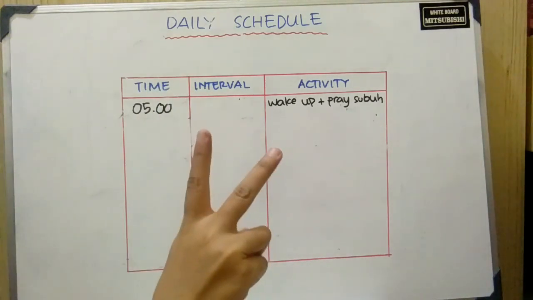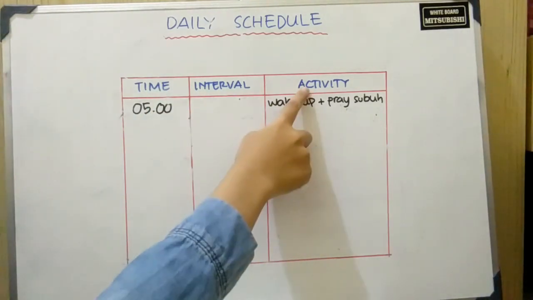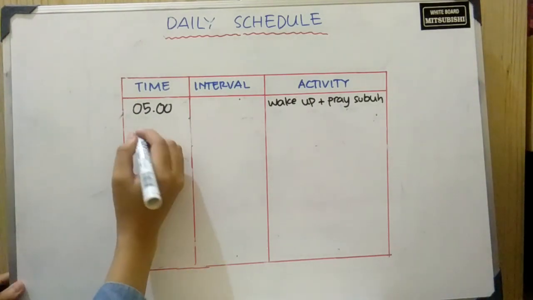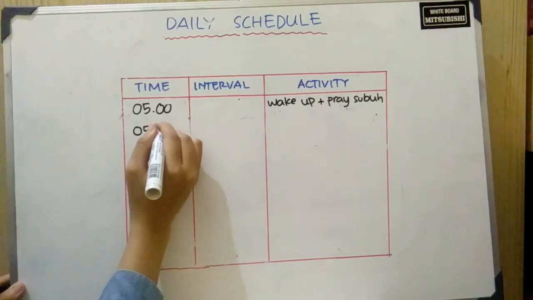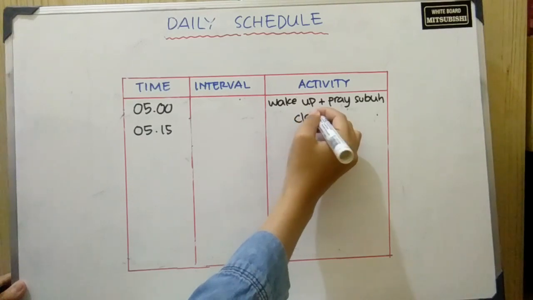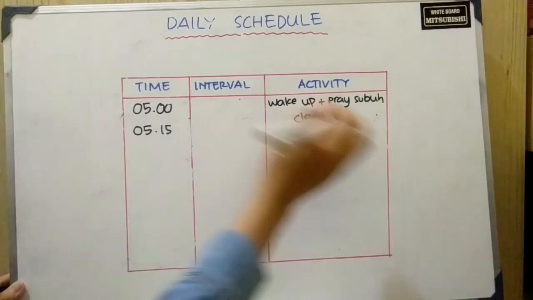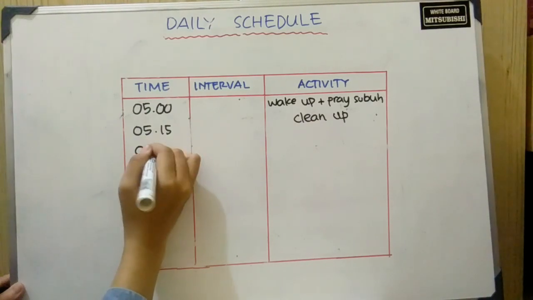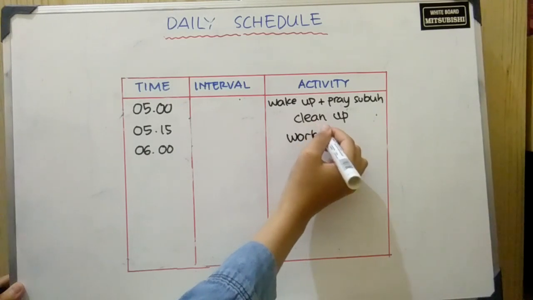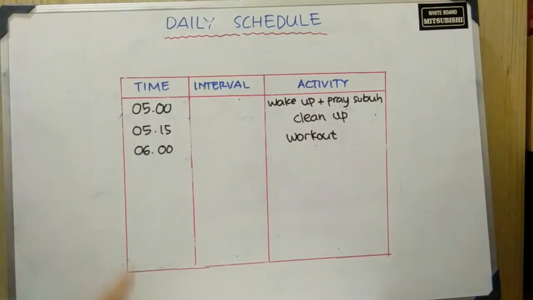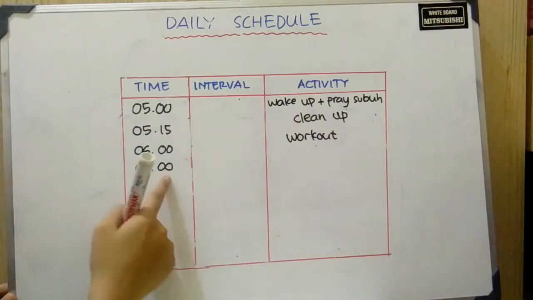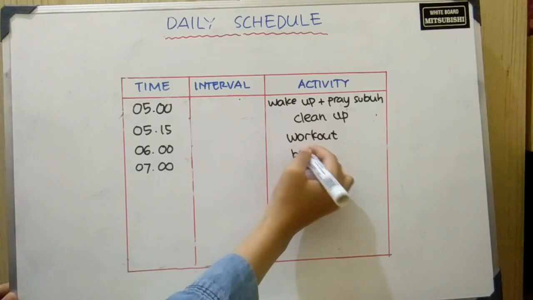You can use the second way. We write the time and the activity first, and then calculate the interval. So first, at 5 we woke up and pray subuh, and the next is 5:15 we clean up, and then at 6 we will work out, and at 7 o'clock we will have breakfast.